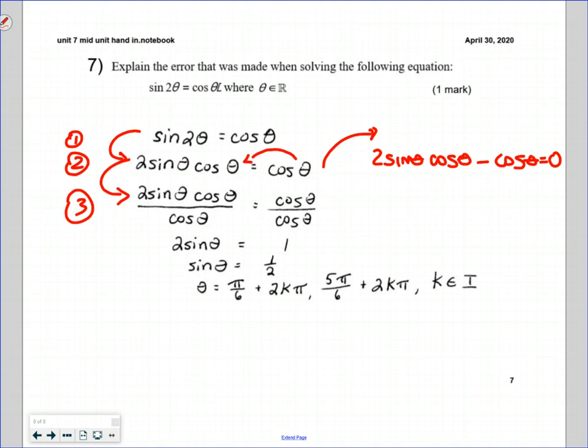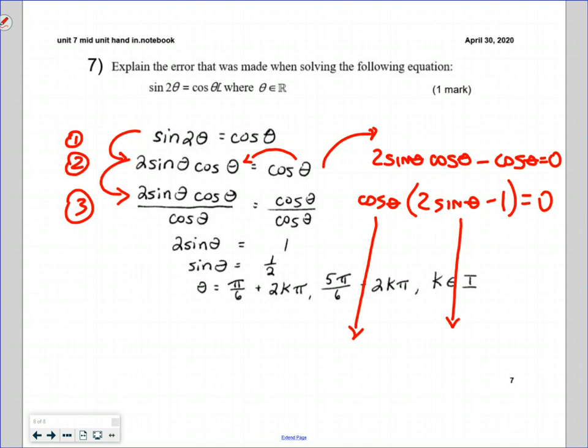Because what that helps you do is identify the following factors. So what's common to both? Cos theta times 2 sine theta minus 1 is the correct factorization of that. And here's where we see some answers might be different. There are, I'm going to go down here where I got more room, 2 roots.